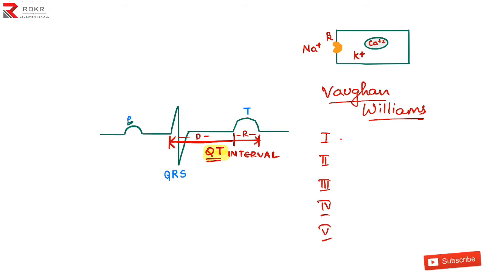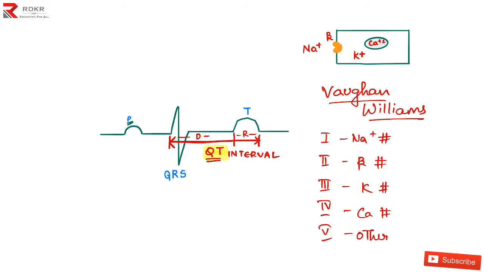The first one is sodium blockers, second one is beta blockers, third potassium blockers, fourth is calcium channel blockers, and the fifth is others, like miscellaneous drugs.